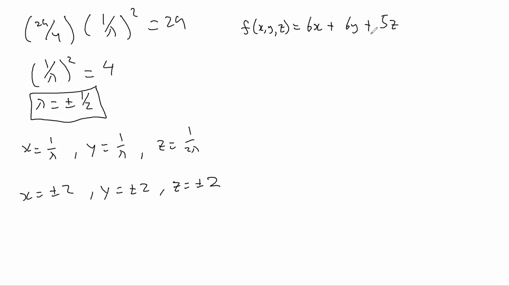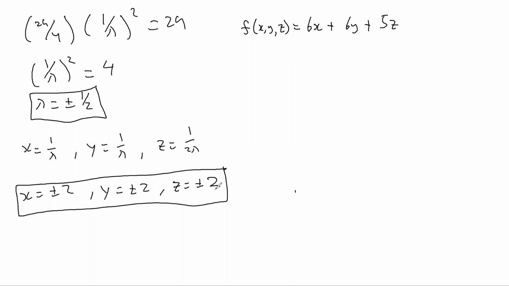Now what you notice is that if you plug in all positive values for x, y, z, we'll get the highest possible value that can be obtained from this set of numbers. Oh wait, sorry. z is not plus minus 2, is it? Yeah, z is plus minus 1. I am sorry. Plus minus 1, because 2 times a half is 1. Okay, perfect.